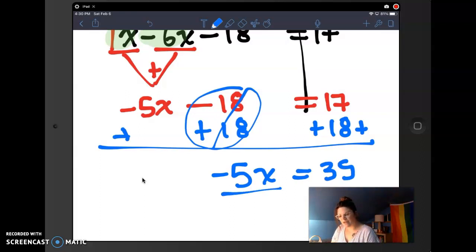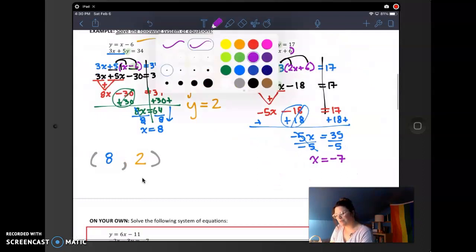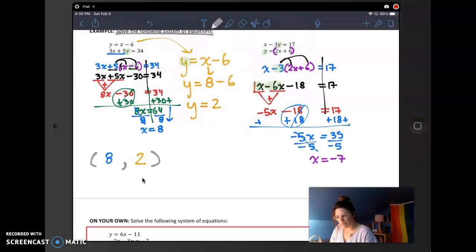All right, and then we're going to divide by -5 on both sides. Divide by the number that's in front of the x, and we're going to get x equals -7.